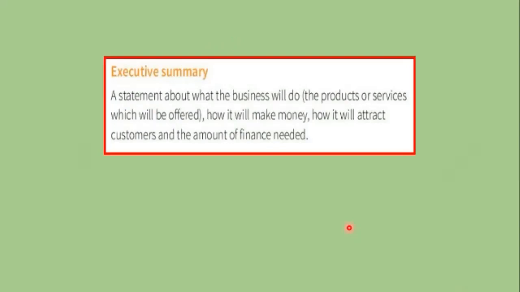It is a statement about what the business will do, the products or services which will be offered, how it will make money, how it will attract customers, and the amount of finance needed. Okay, and that is made by the executive or the people who are going to run the business, not necessarily the owners. Okay, the owners can hire a professional manager to be the executive, they call him the CEO.